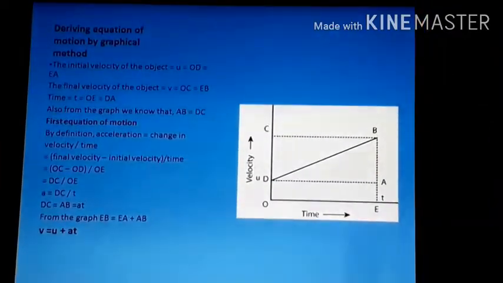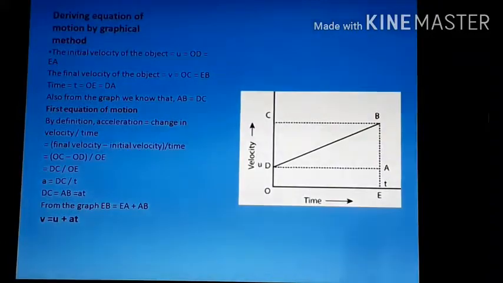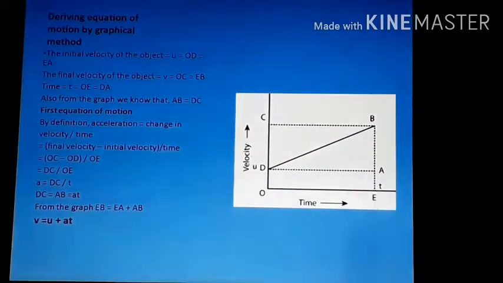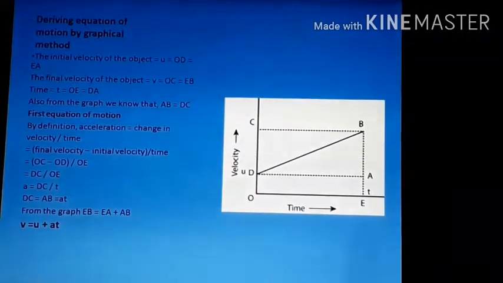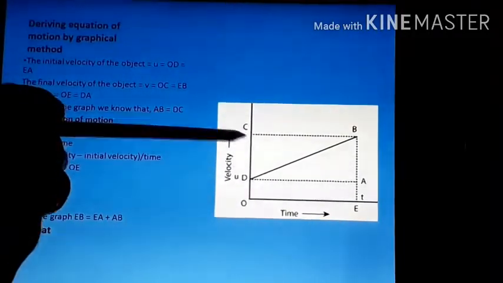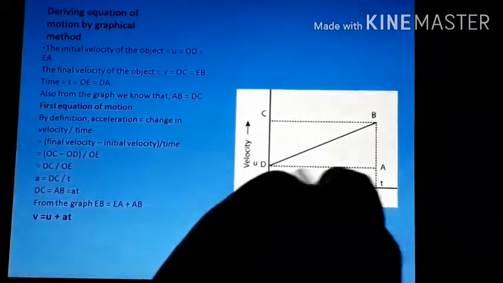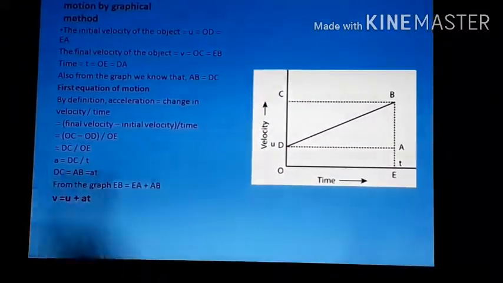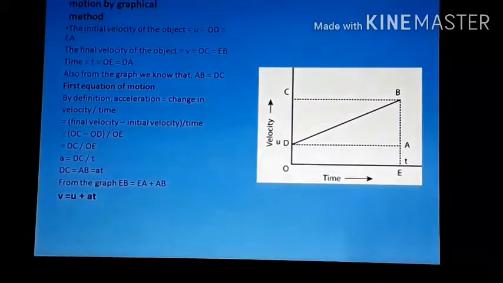So from definition we know that acceleration is equal to change in velocity by time, that is final velocity minus initial velocity by time. So now what is the final velocity? That is OC. This is the final velocity minus OD, the initial velocity, divided by the time taken, which is OE.